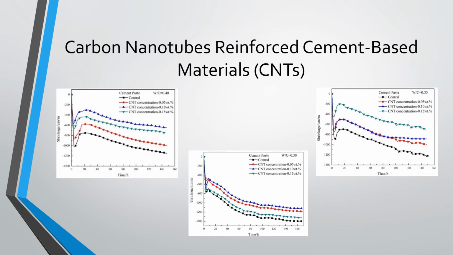The colors mean, for example, in the first curves, the proportion of CNTs, and each one of this group of curves is based on the water cement ratio.